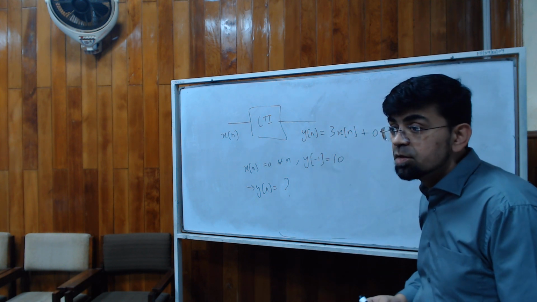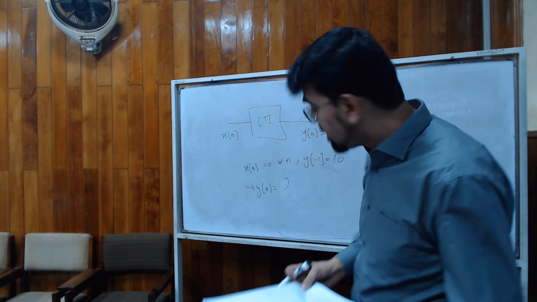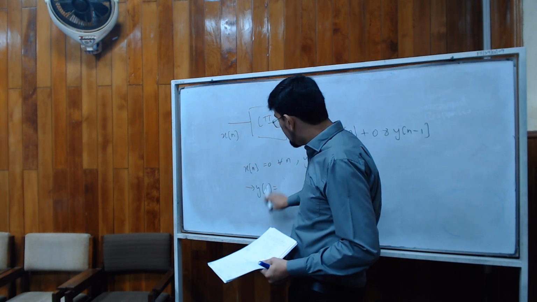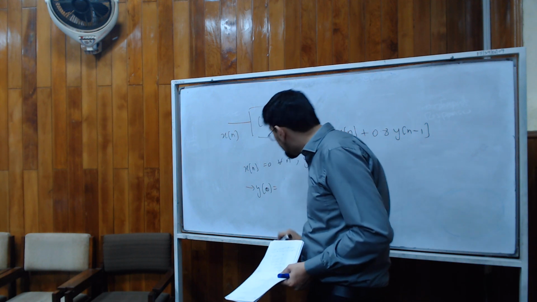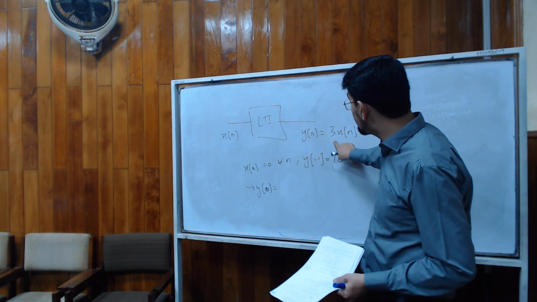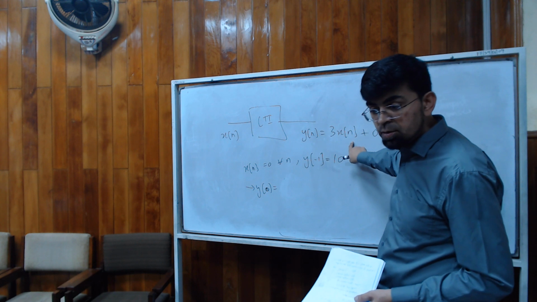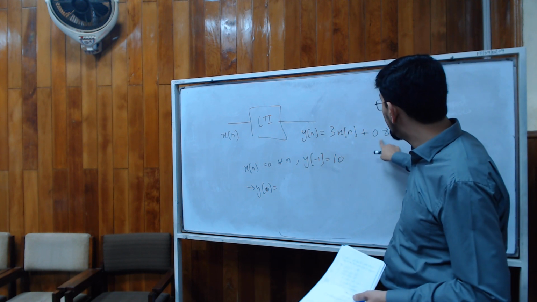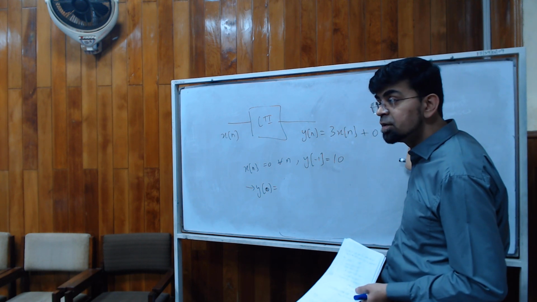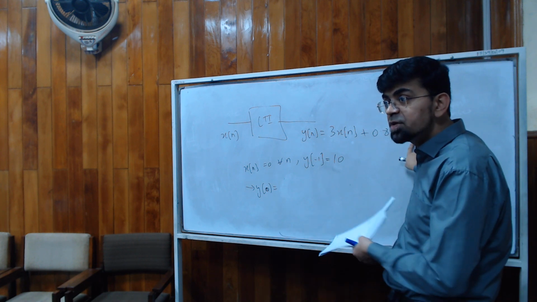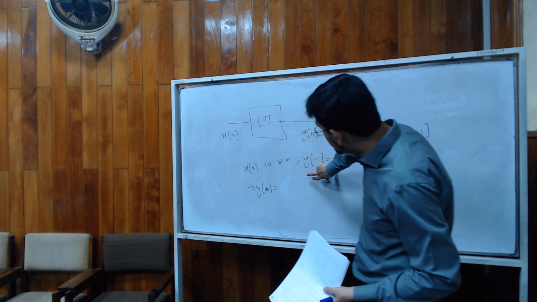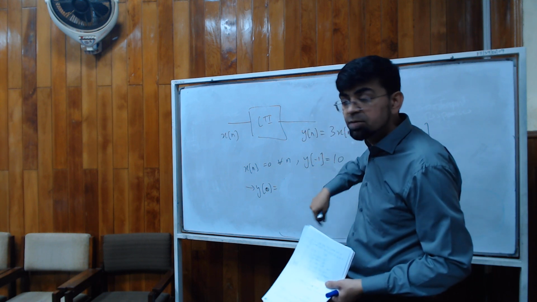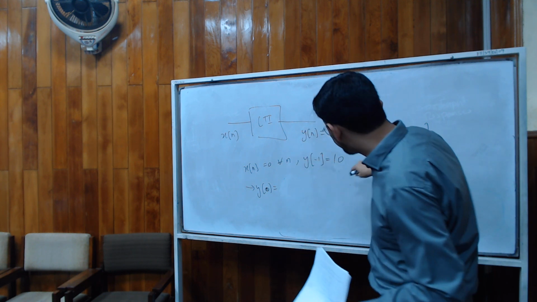Now what will y[n] be? Or you tell me y[0]. We will calculate all of y[n], but you're right, we can calculate y[0]. y[0] is 3 times 0 plus 0.8 times y[-1], which I already gave you. To get things started, this is the benefit of the initial condition, see its power.